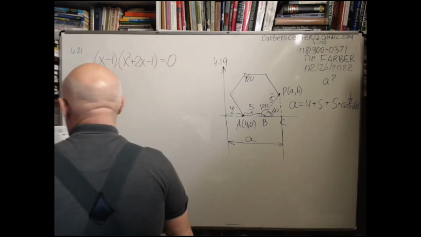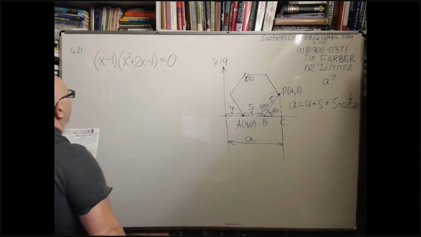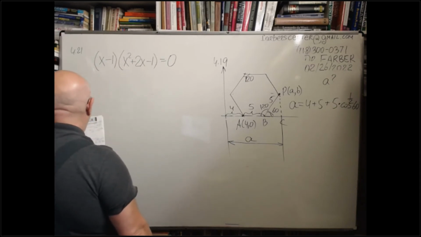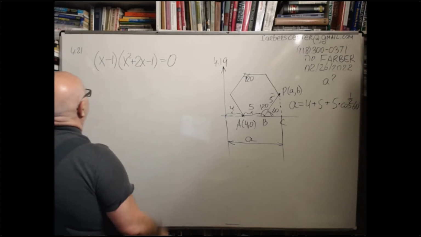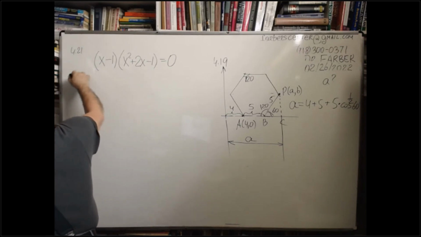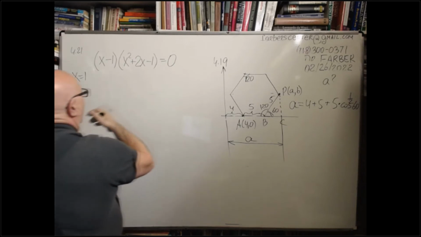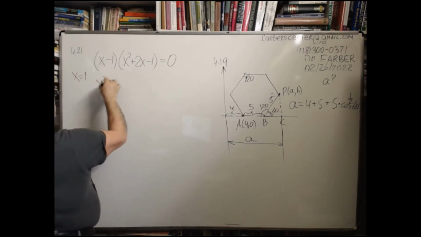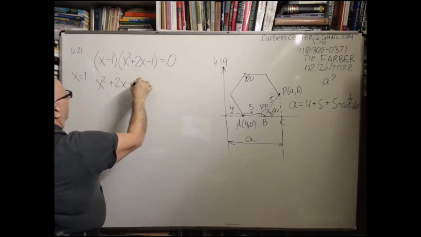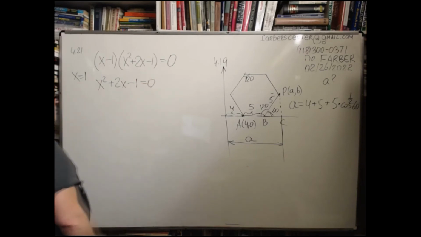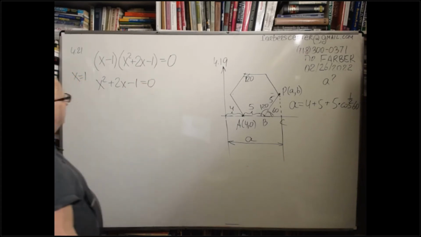They ask you for a solution. Well, let me check if I wrote correctly. When it's equal to 0, either x equals 1, or x squared plus 2x minus 1 equals 0.